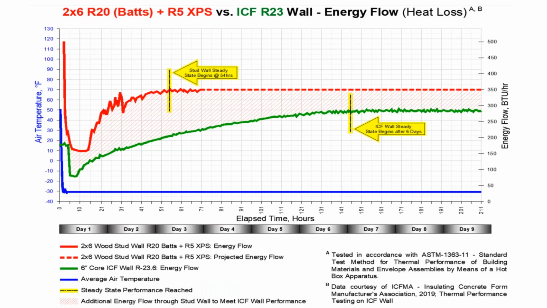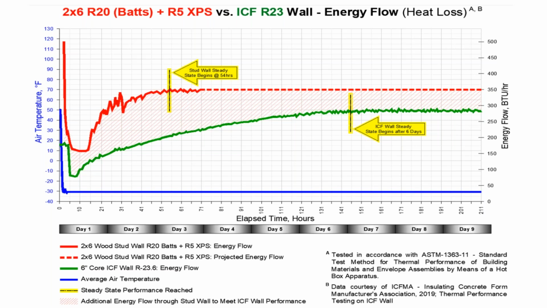What we basically found is that an ICF wall really transitions to steady state in a very slow, gradual way. Looking at a wood wall, you'll see that this is the red line on top. You'll see that it very quickly starts to move towards steady state, and it starts to take a lot more energy to be able to control the temperatures. So basically, if you look between the green line and the red line, that is the amount of energy being used to keep the control side of the hot box at a steady position.